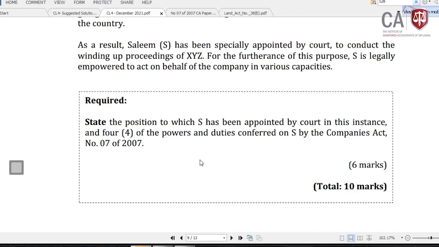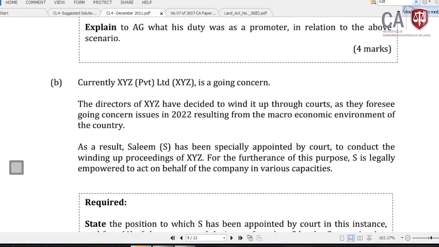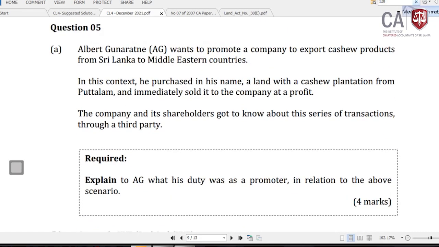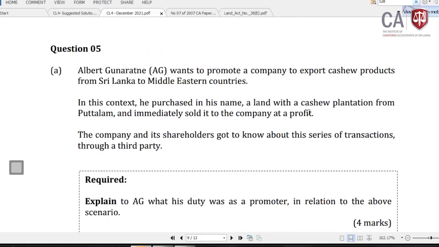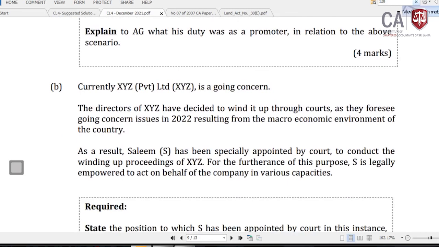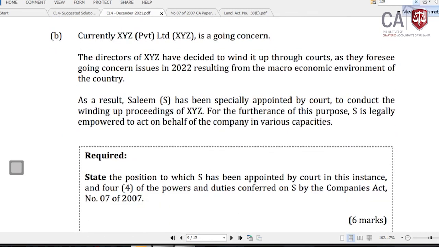By the way, for the previous question, if you require further information, you can refer to page number 31 of your textbook, that is with regard to promoters. And then part B about liquidators, you can refer to pages 111, 113 and 114.